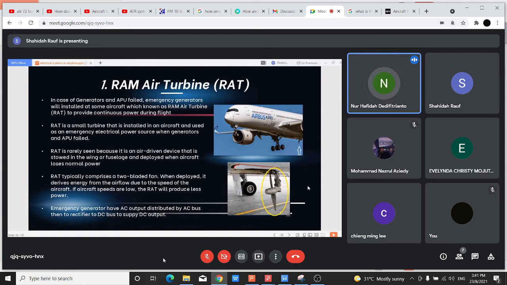Okay. So for the small aircraft with turboprop engine, can the propeller act as a ram air turbine if it fails? I mean, the turboprop engine has its own propeller, right? So it cannot act as a wind turbine to provide energy? No. It's not a motor.